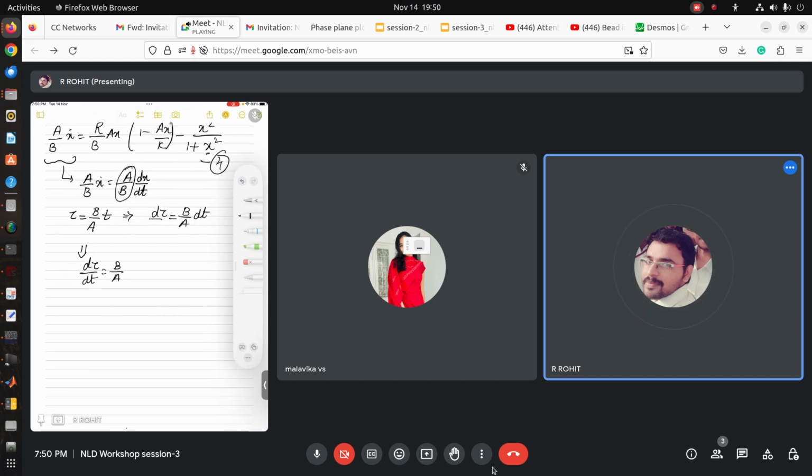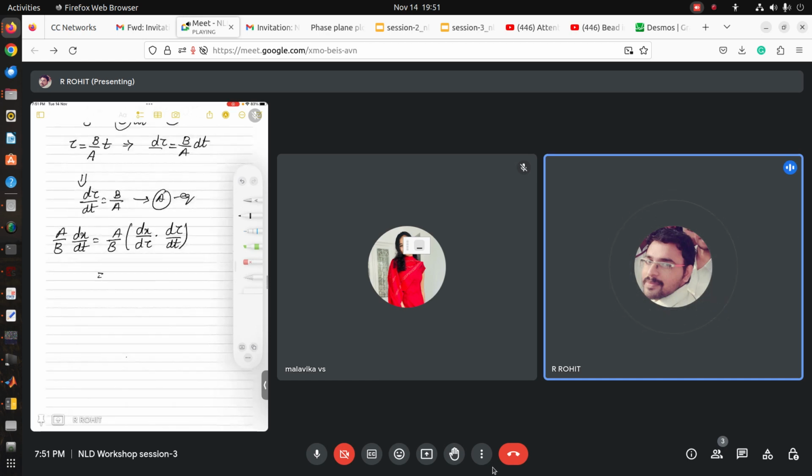If you substitute this into equation A, your equation was a by b dx by dt. This can be written as a by b times dx by d tau times d tau by dt.